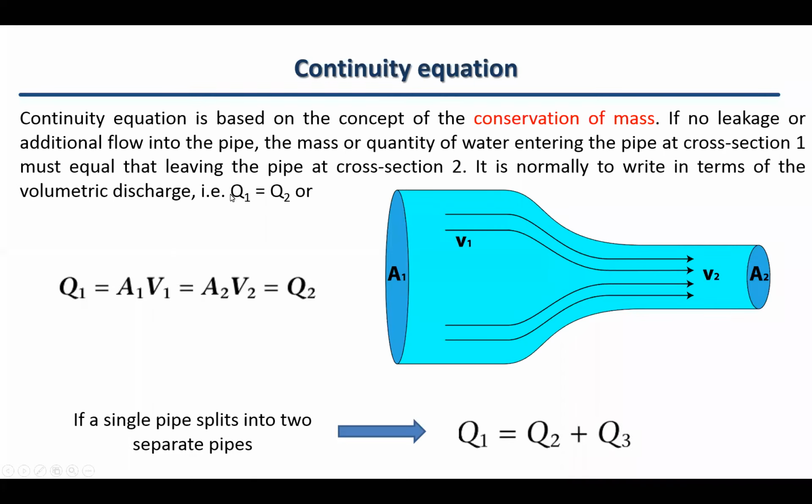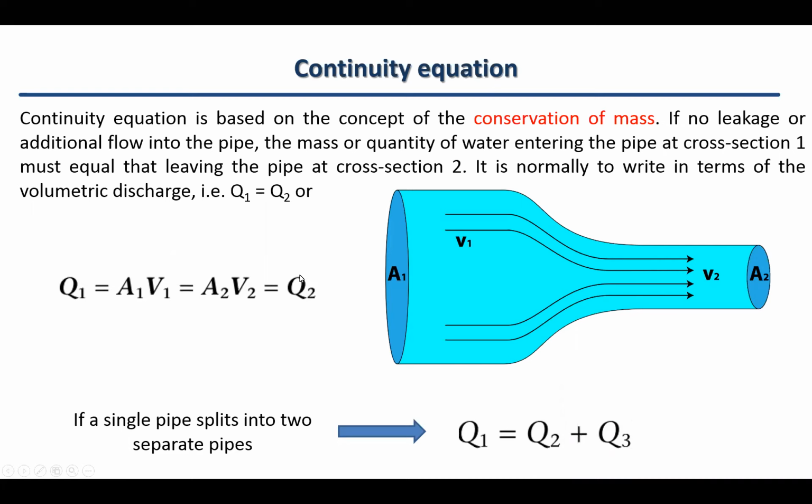So we write the flow discharge like this, Q1 and Q2. Q1 can be written as the cross-sectional area A1 times the velocity V1, and at point 2, the flow discharge can be written as A2 times V2.